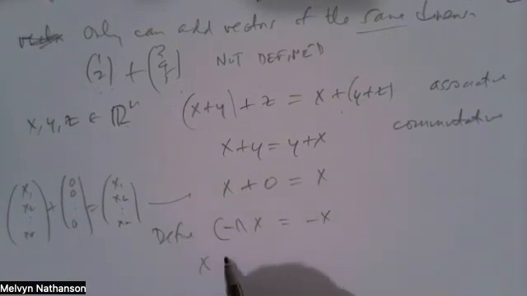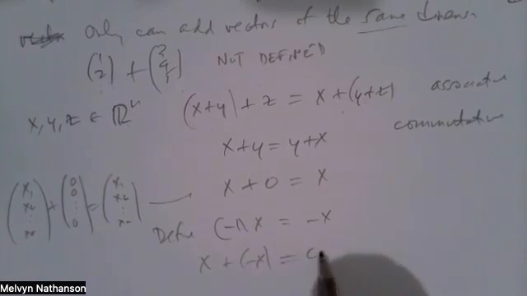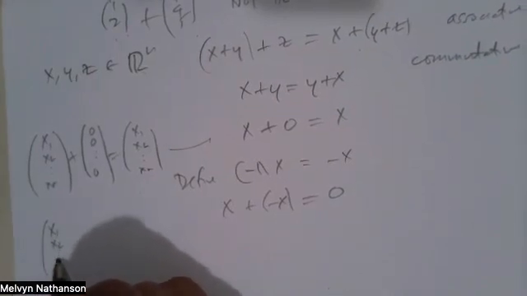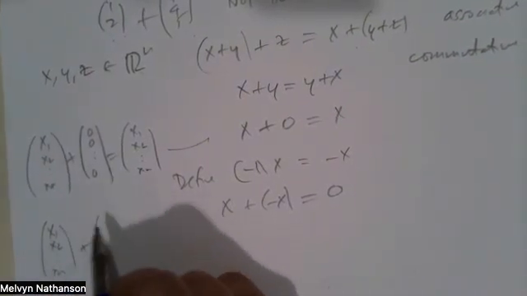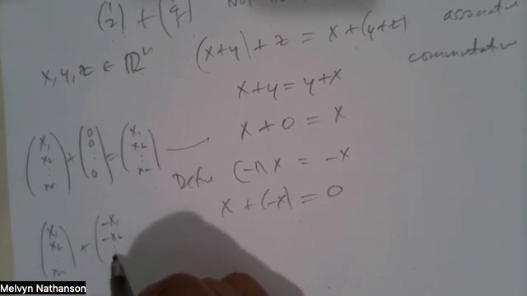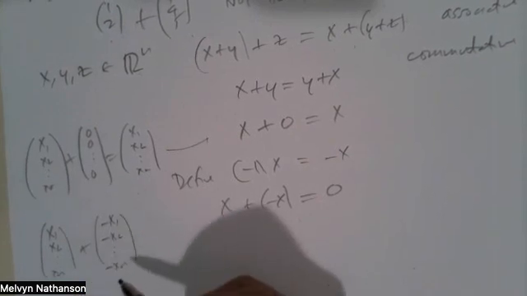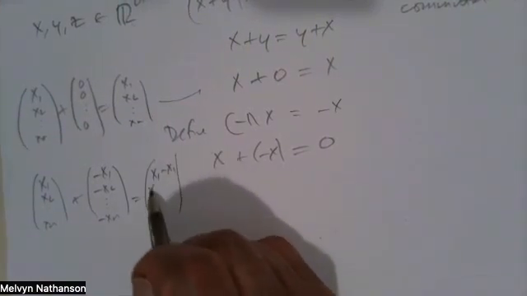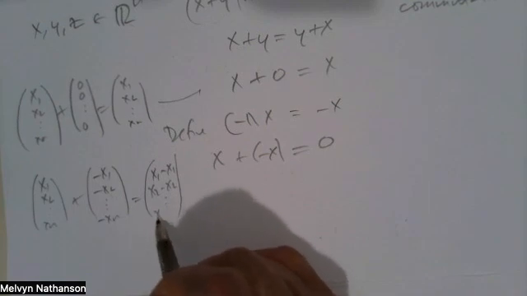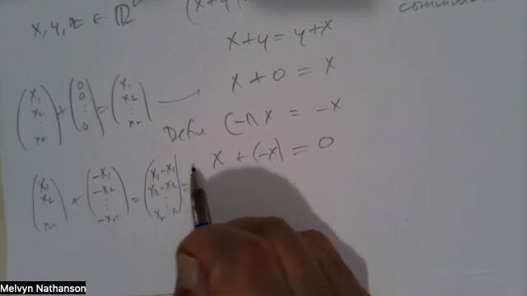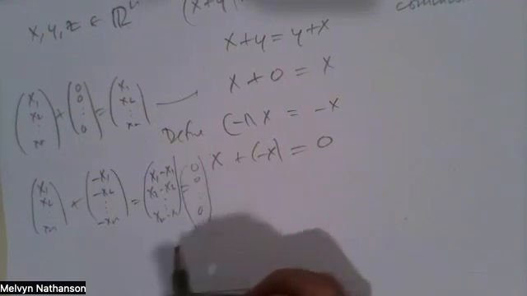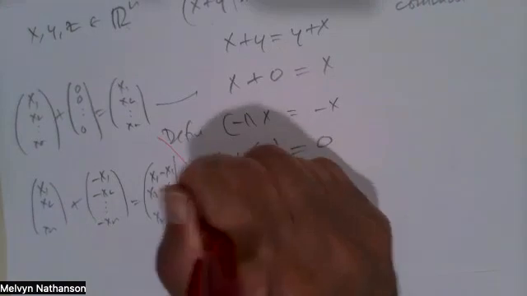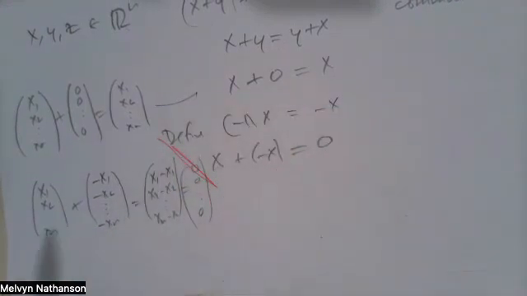And x plus the vector minus x is the zero vector, because you have x1, x2 down to xn, and you're adding minus x1, minus x2 down to minus xn. And when you add, you get x1 minus x1, x2 minus x2, down to xn minus xn. These are all zeros. So x plus minus x is 0.